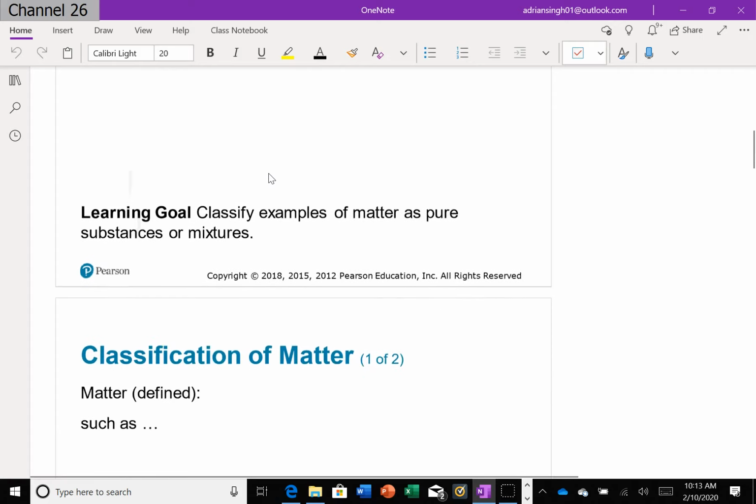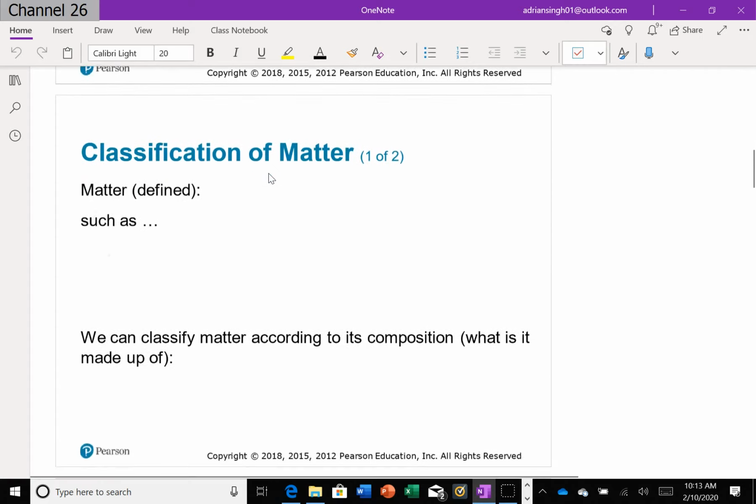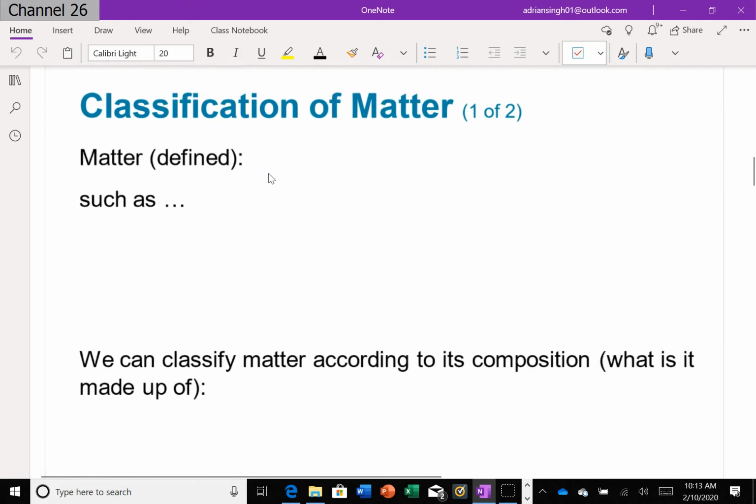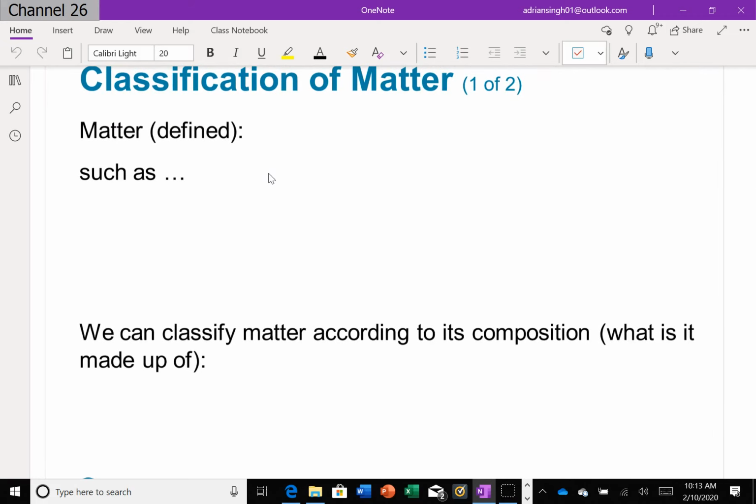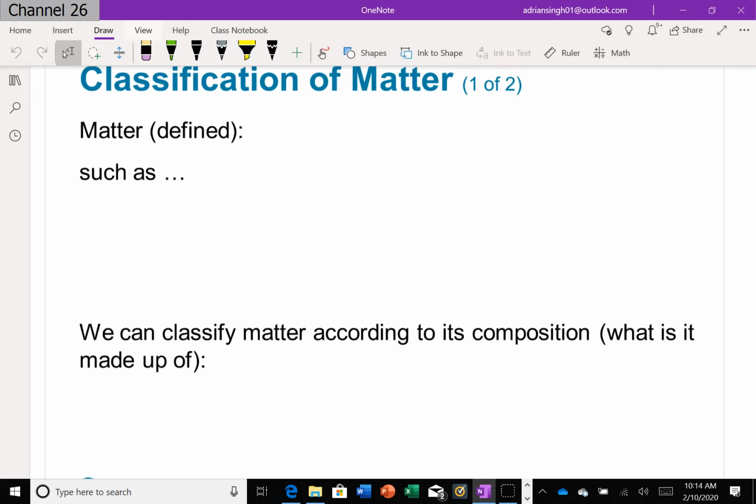Right, and if you also remember, we defined matter back in week 1. We said that matter could be described as what? Stuff. Okay. Correct. Can you give me a little more technical definition of matter?